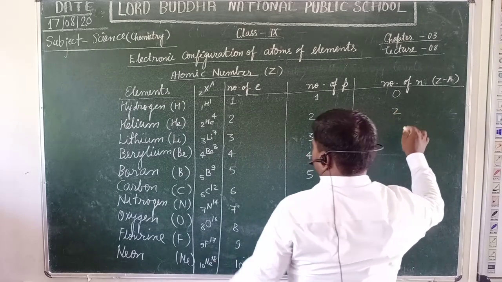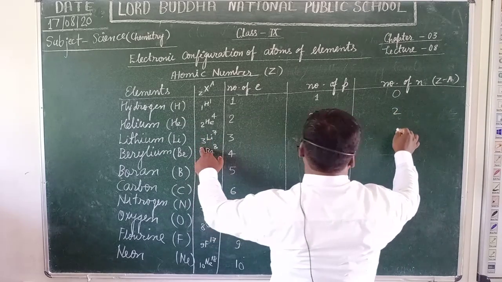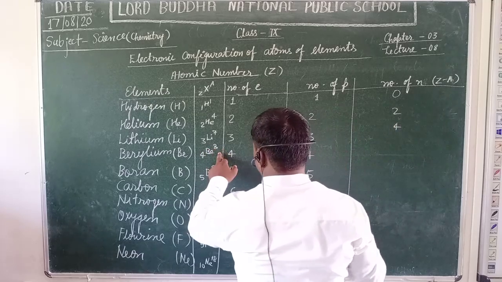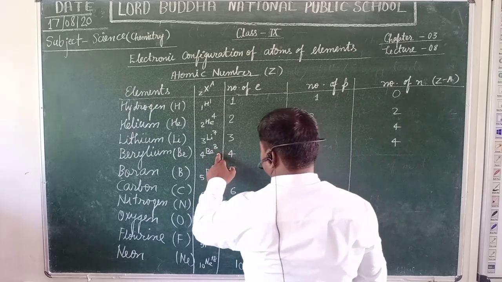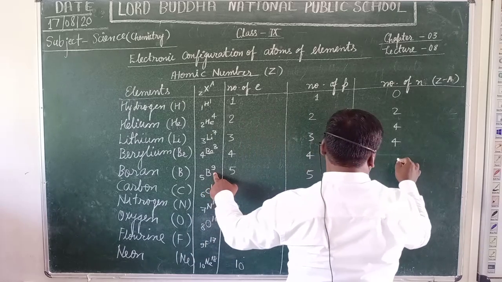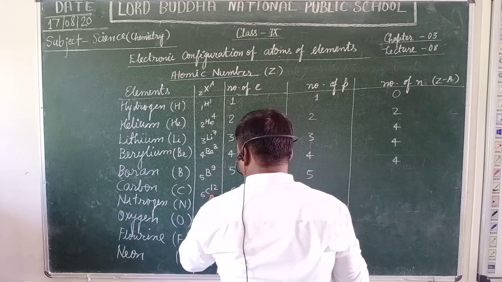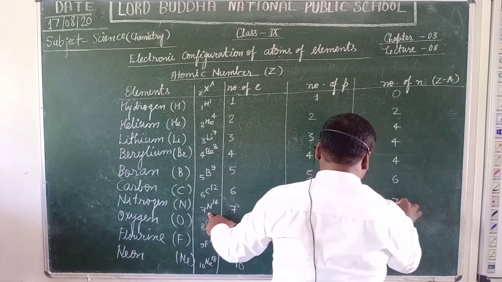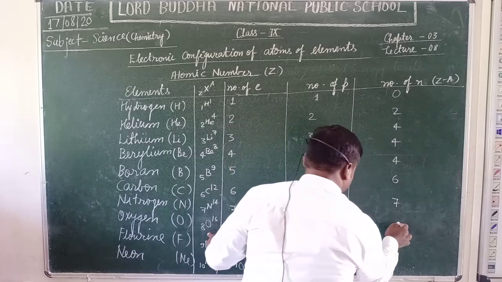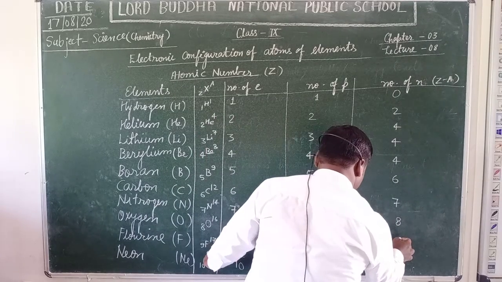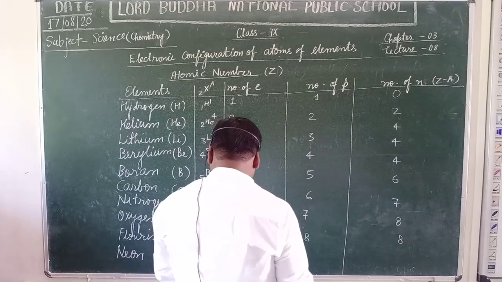Now helium has 2, lithium has 7 minus 3, 4, beryllium has also 4 neutrons, boron has also 4 neutrons, carbon has 6 neutrons, nitrogen has 7 neutrons, oxygen has 8 neutrons, fluorine has 8 neutrons, and neon has 8 neutrons.